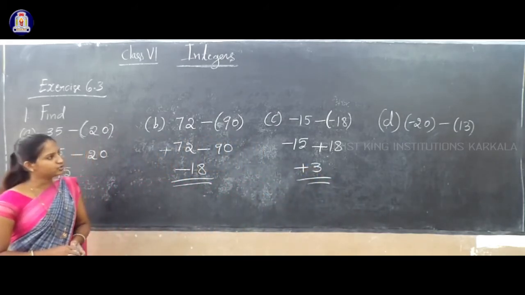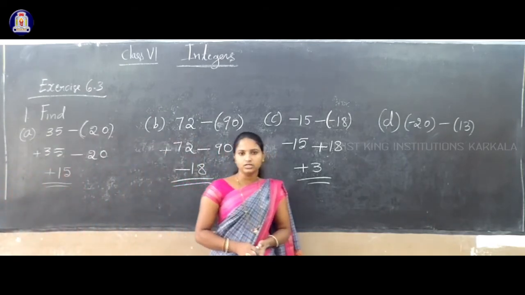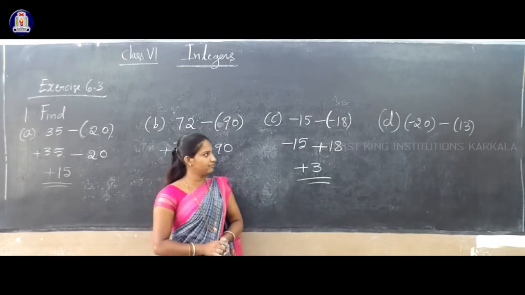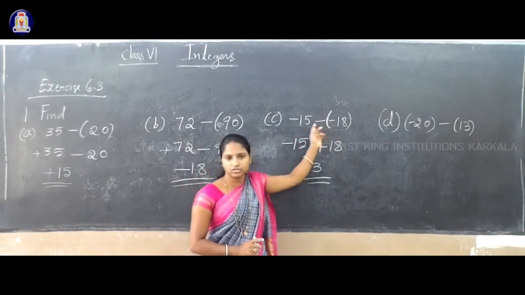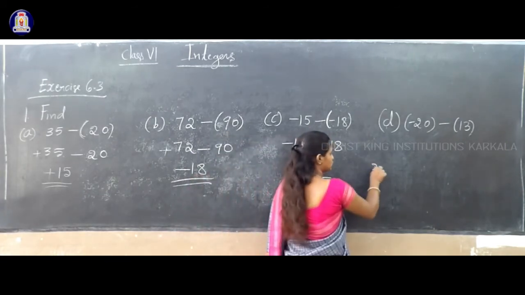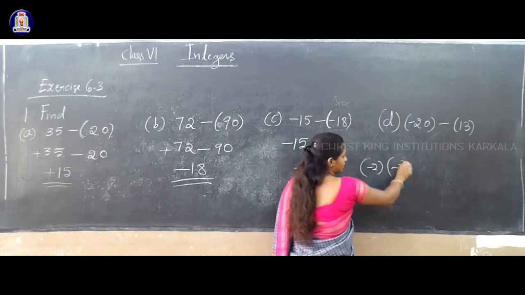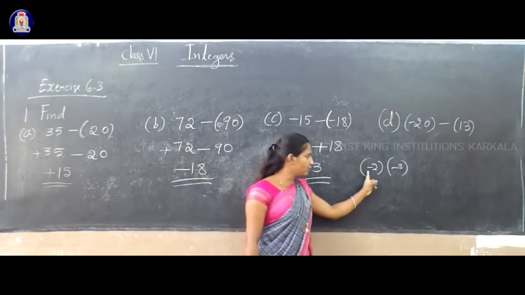Understood? Understood now? First, what do you have to do? Remove the bracket. Then simplification. How to remove the bracket? Multiplication. Multiply the numbers. Sometimes you get a question like this: minus 2 and minus 3. Both the integers are inside the bracket, isn't it? So then what do you have to do?